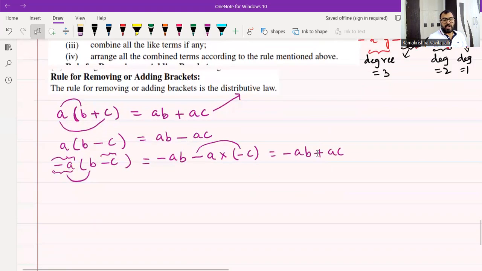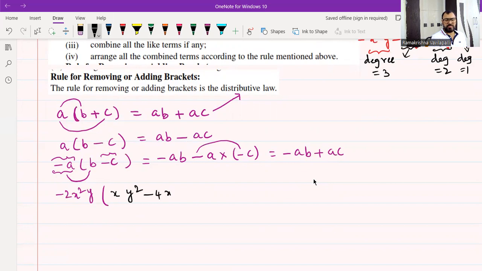We have to use the theory of indices to simplify the addition, multiplication or subtraction of polynomials. For example, minus 2x square y into, let us take, xy square minus 4xy plus 5y minus 3x.